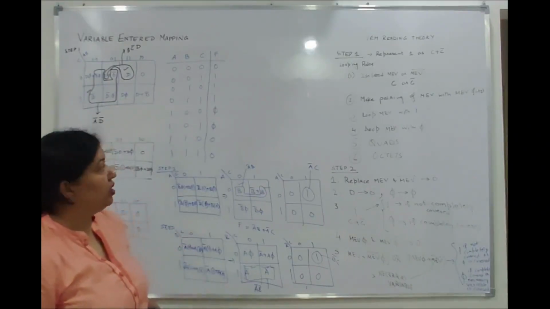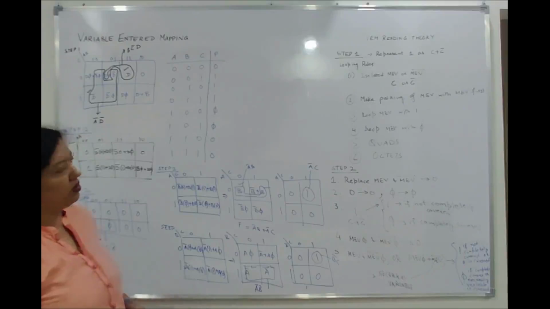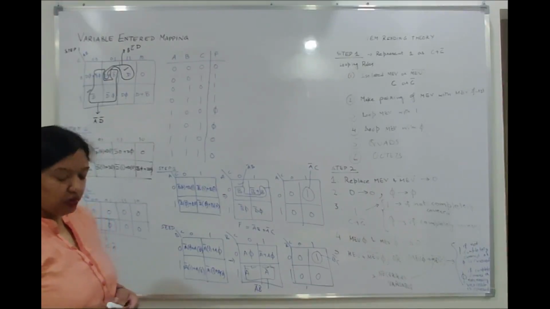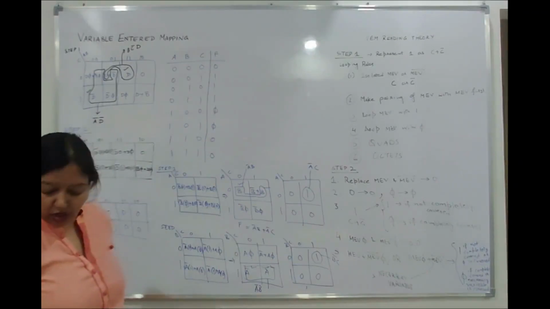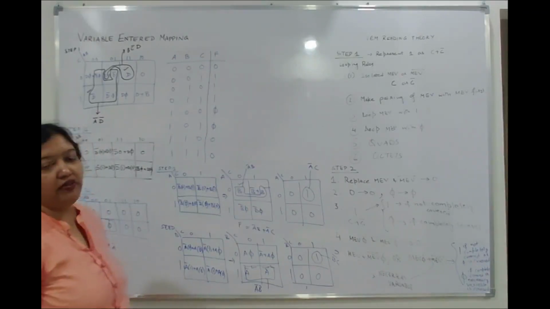If you have a 5 variable function, you can make a 4 variable map. This is easier for up till 7 variables.